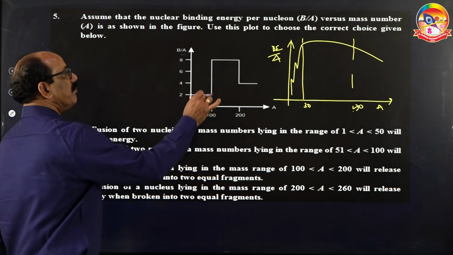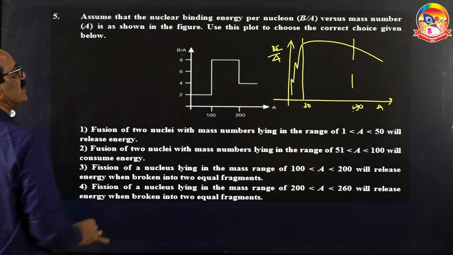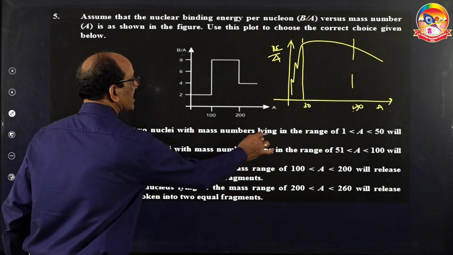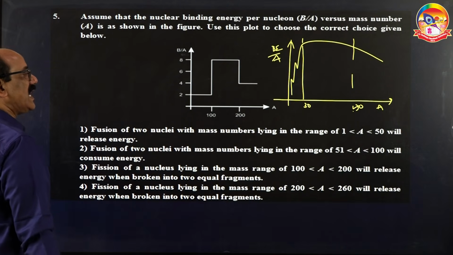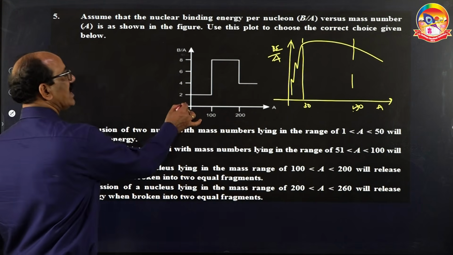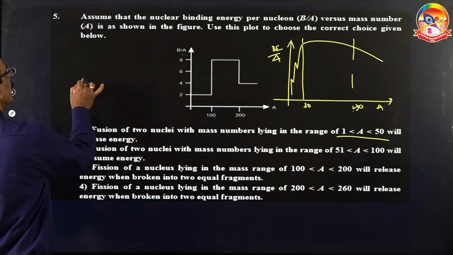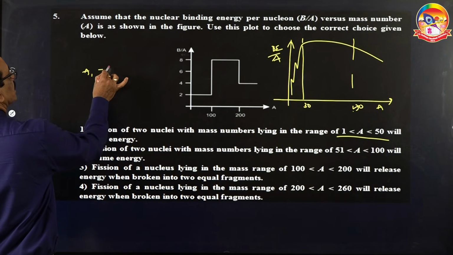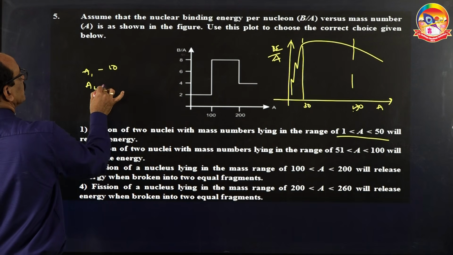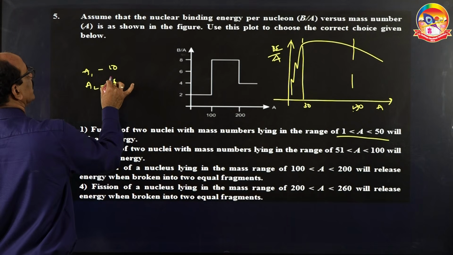So based on this concept, one assumption is given here. From this, we have to look at fusion of two nuclei with mass numbers lying in the range 1 less than A less than 50, will it release energy? For example, let us say one mass number is some 10 and the other is 49, since it is less than 50.